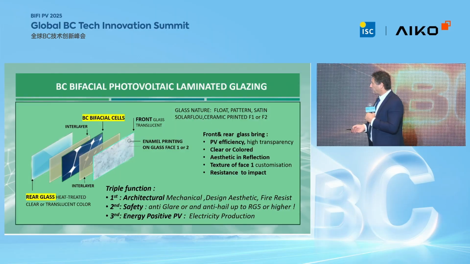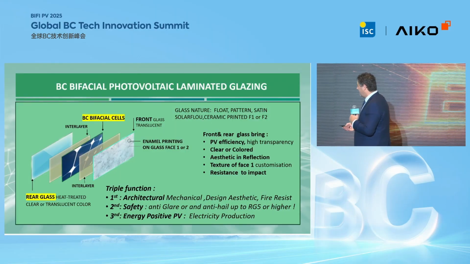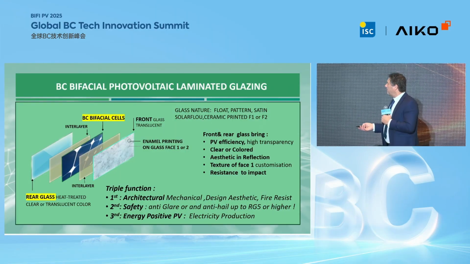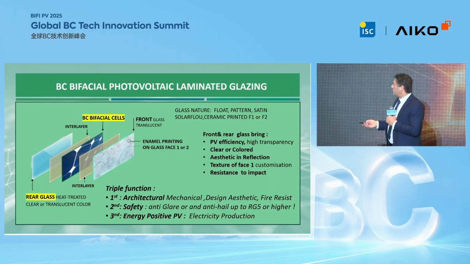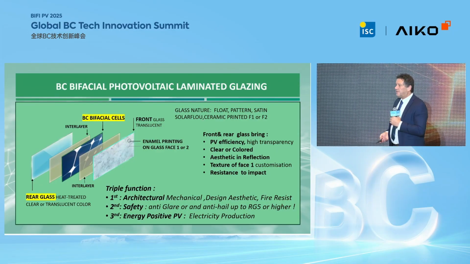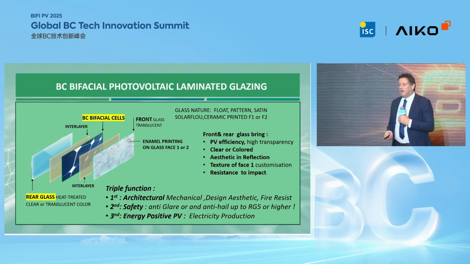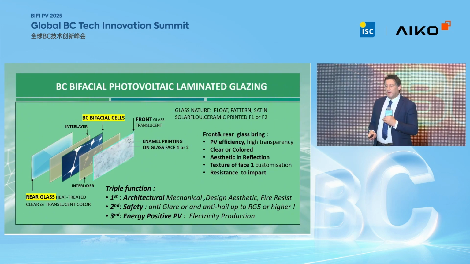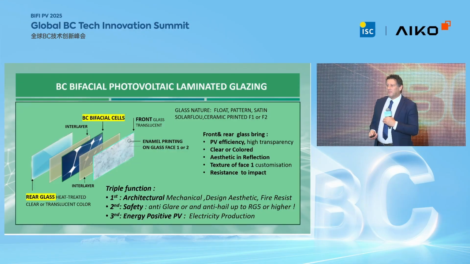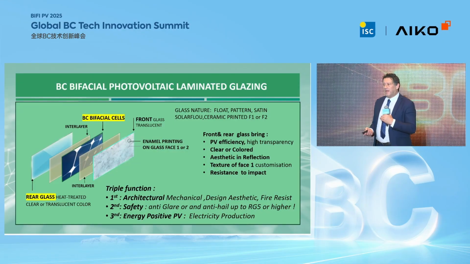So the glass itself is implementing mainly three functions. You can implement mechanical, design, aesthetic, and fire resistance. I will show you also some examples where we have safety properties thanks to the glass, and anti-glare.